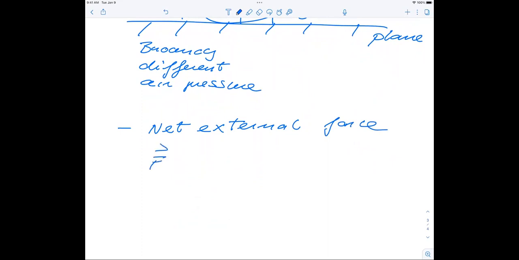So I'm just going to call this an F net external force. So that's going to be given by the mass of the object times its acceleration. And we would have the gravitational force, we have the standard normal force, we have this friction term, and then we have this term FB.